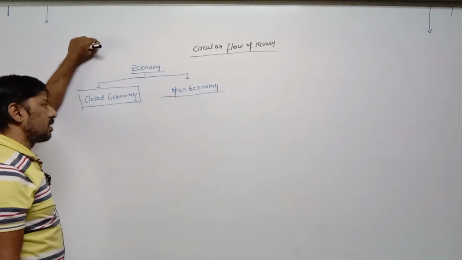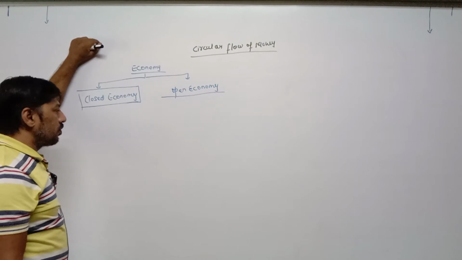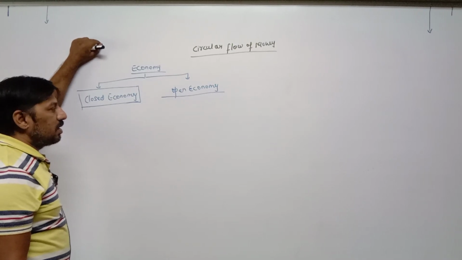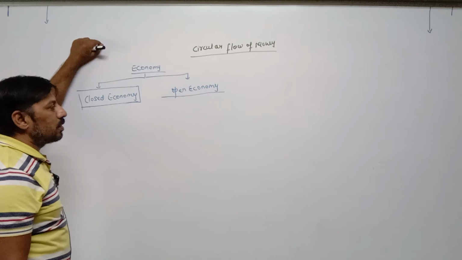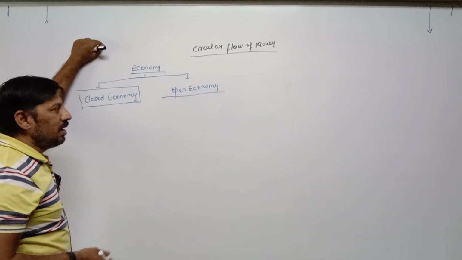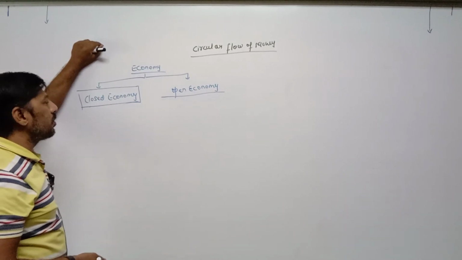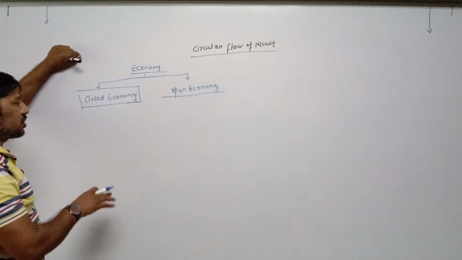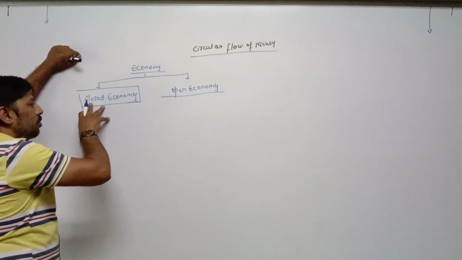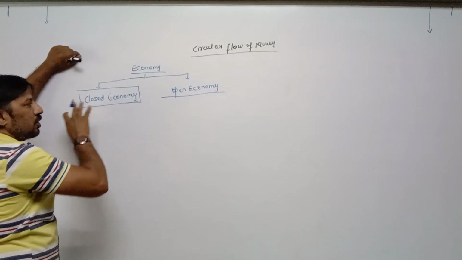In the whole world, each and every country depends on other countries for different types of goods and services. That's why closed economy does not exist, but the explanation is given only about closed economy.